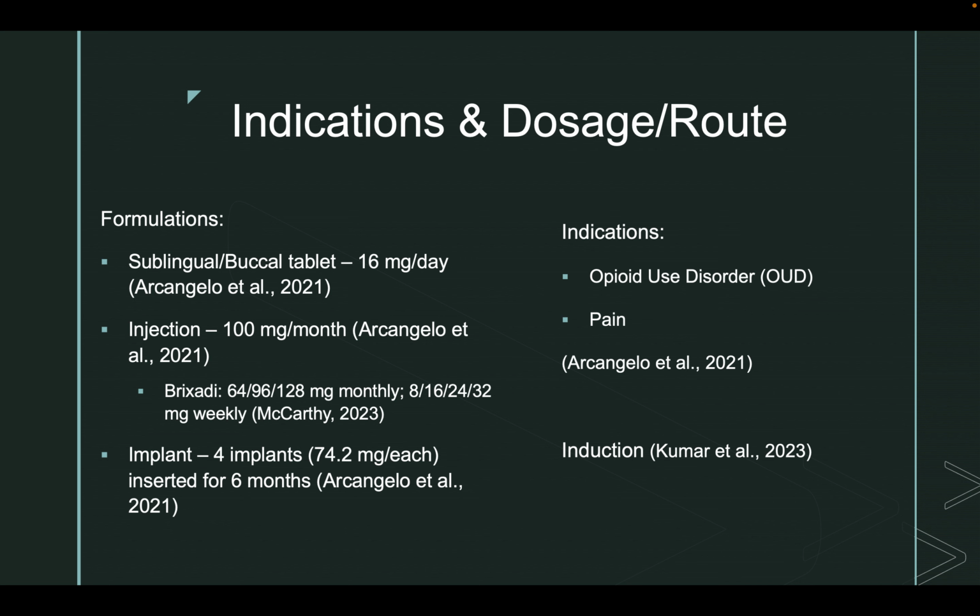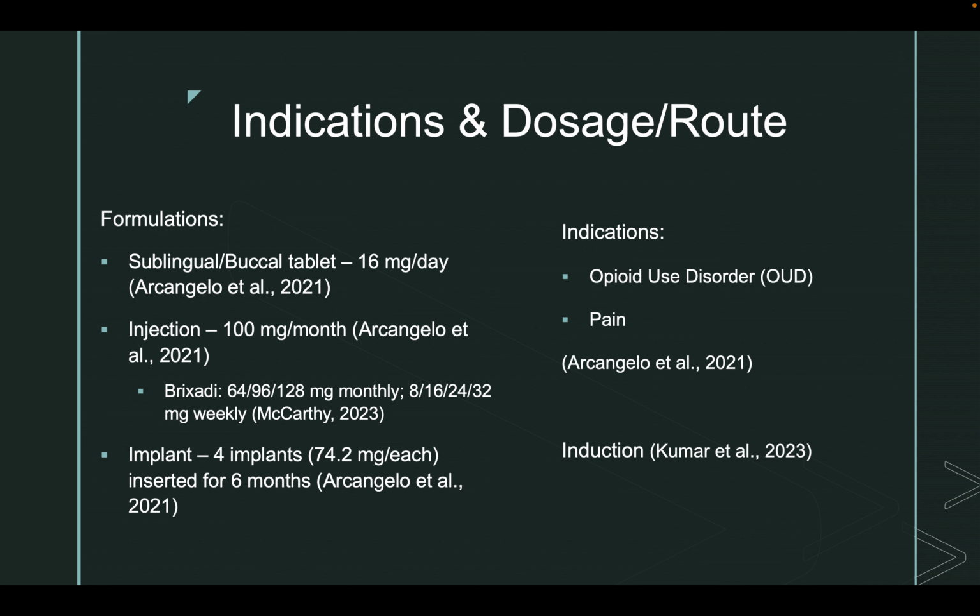I wanted to focus on Brixadi, if I'm saying that right. I hope. It is a new FDA-approved buprenorphine brand as of this year. It comes in monthly or weekly formulations, and the formulations are listed here: 64, 96, or 128 for a monthly dose, and 8, 16, 24, or 32 milligrams for a weekly dose.